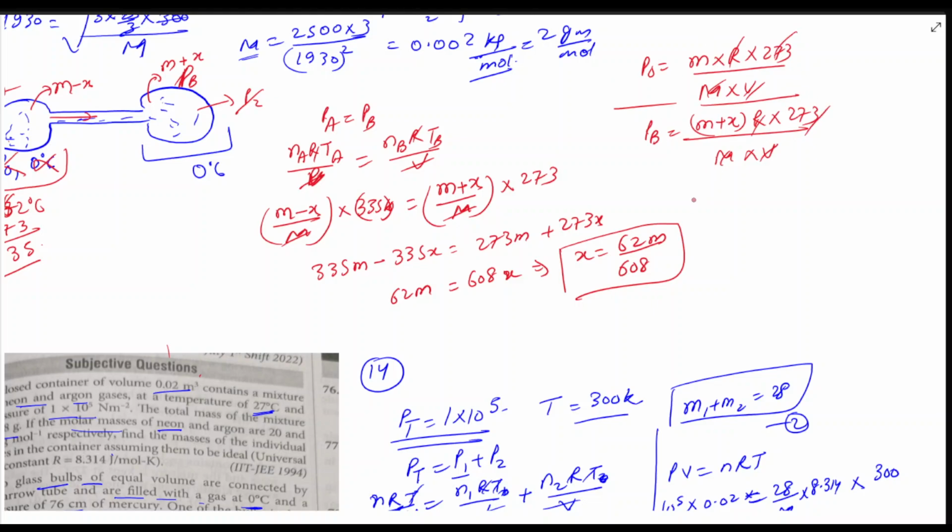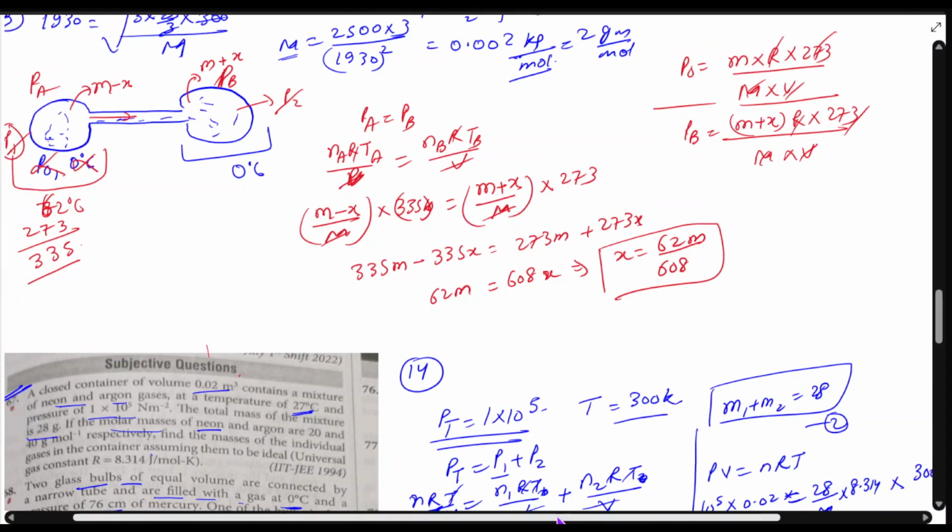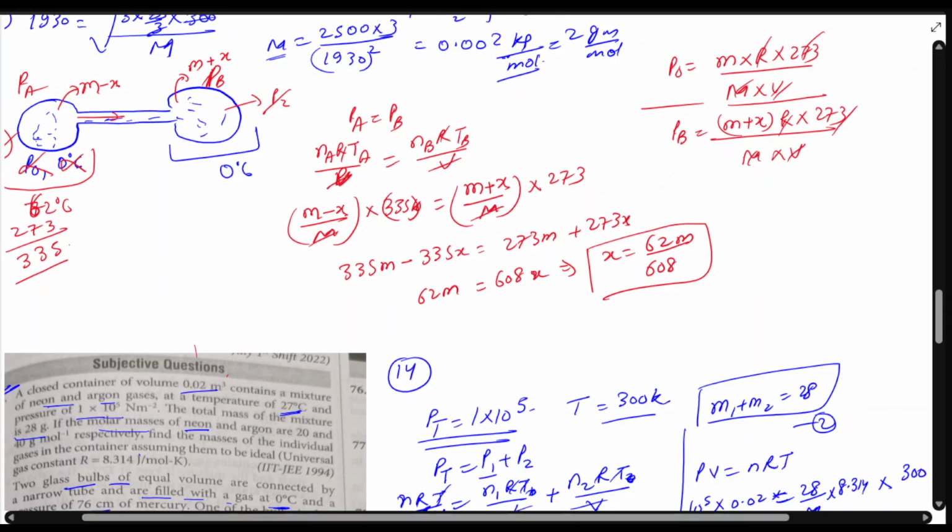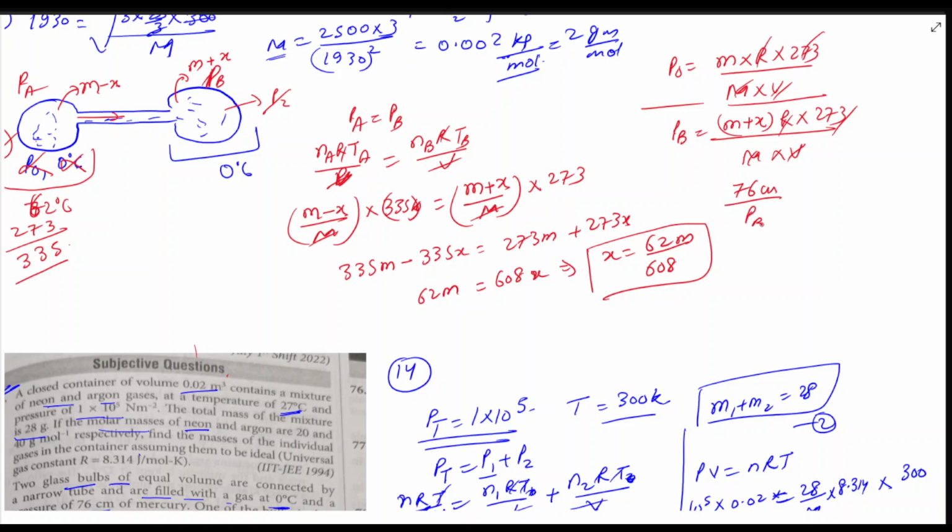So P naught was 76 centimeter of Hg, right? So 76 centimeter upon PB will be m upon m plus x. So m plus x will be m plus 62 m upon 608. So m will also get cancelled.